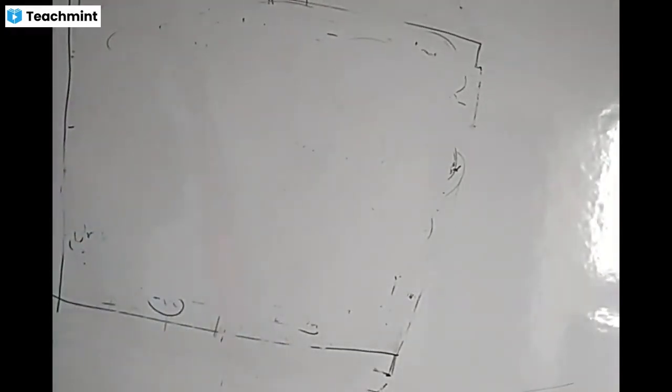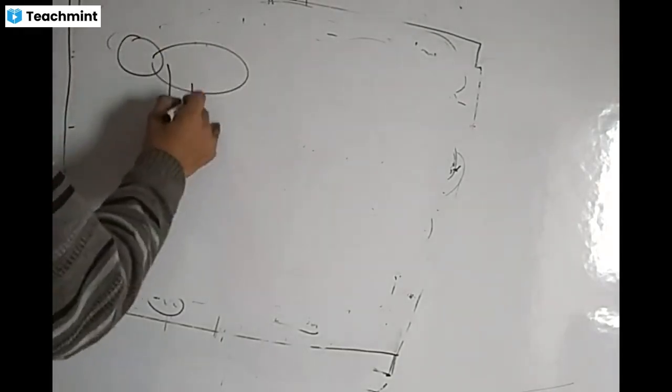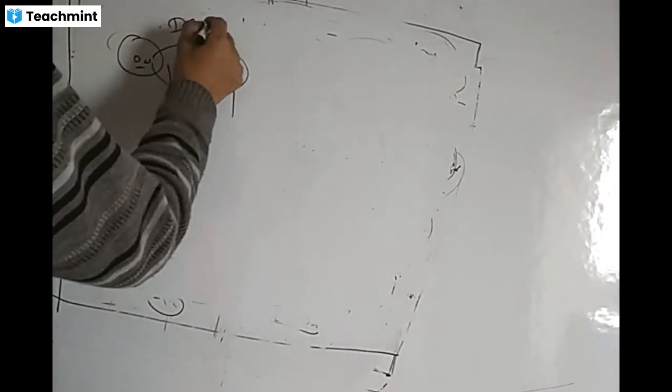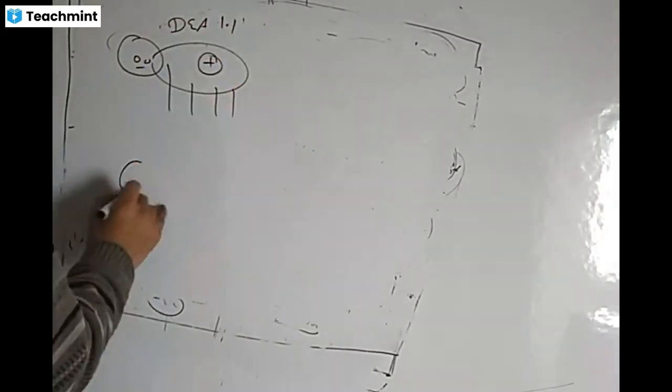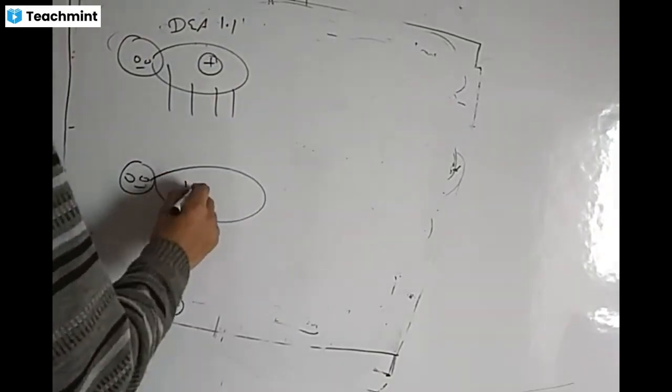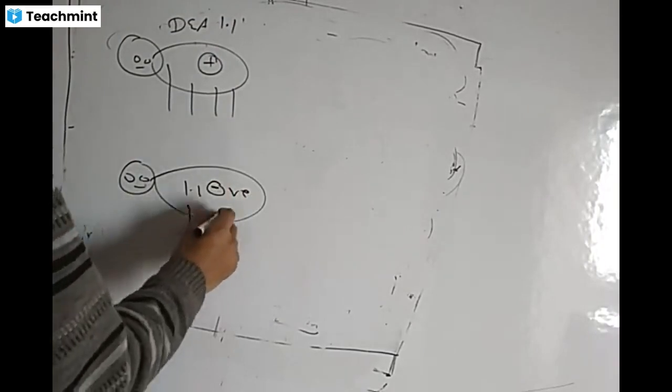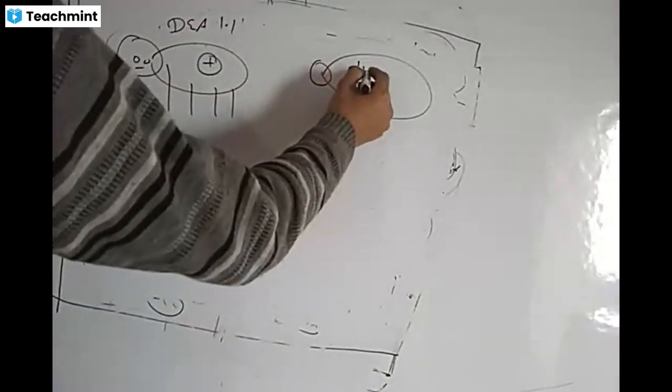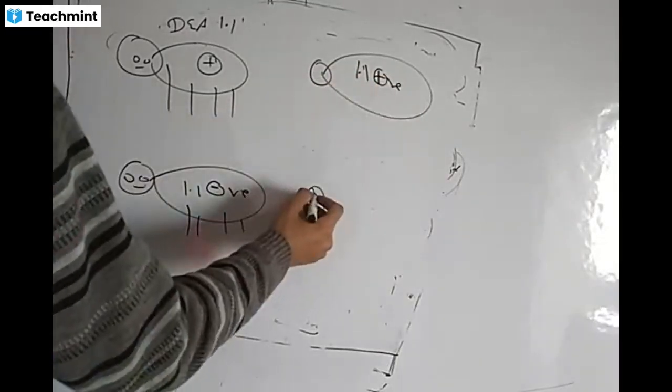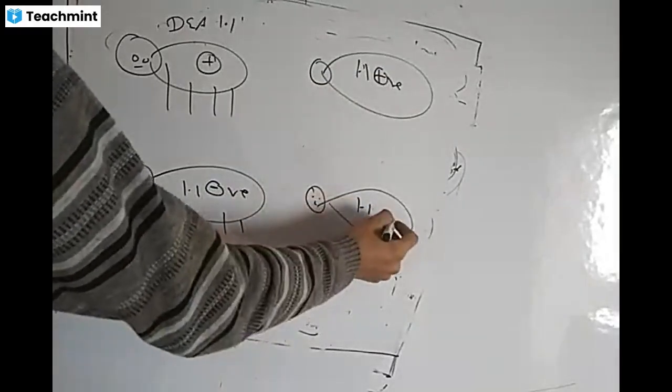Then we go for the transfusion of the blood. In case of dog, if there are DEA 1.1 positive and 1.1 negative, this dog is your 1.1 positive and this is your 1.1 negative.